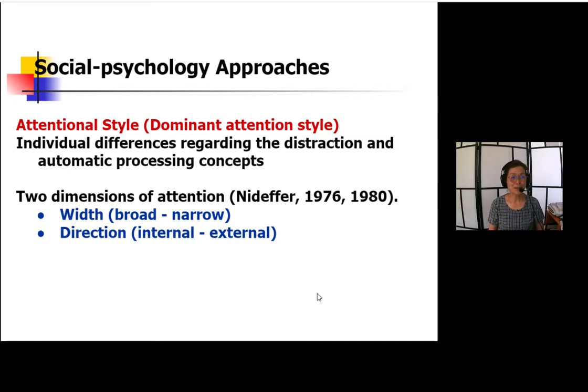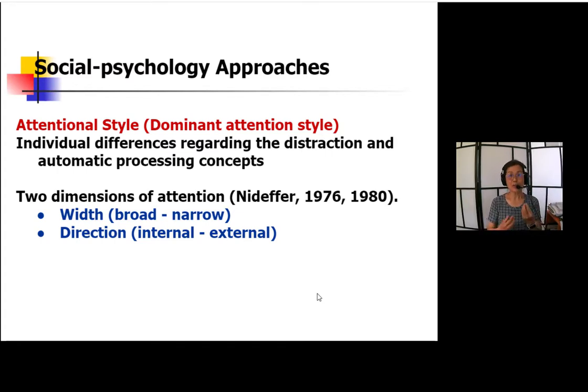According to this theory, there are two dimensions of attention. One is width, another one is direction. Width means the breadth of your attention. It could be very broad, it could be very narrow. So the attention field can be broad to narrow. Direction is internal or external.